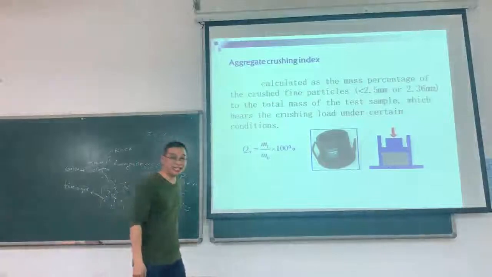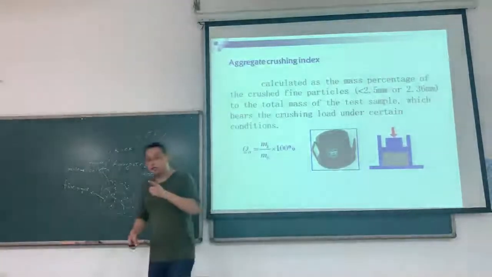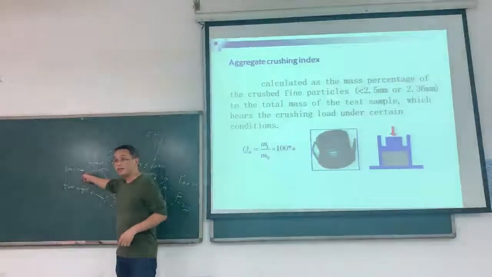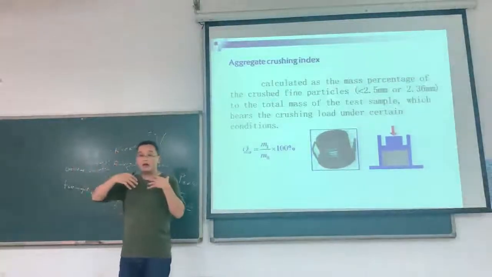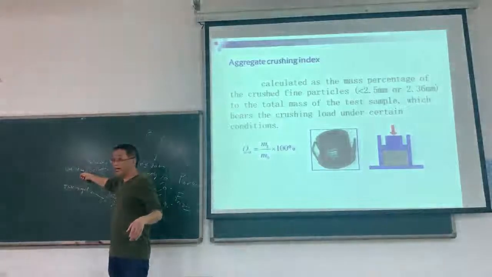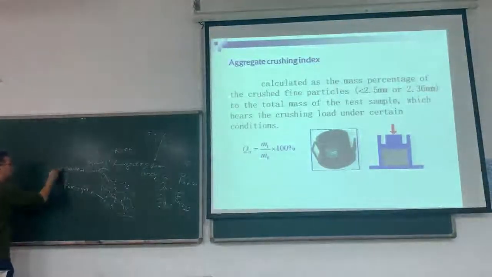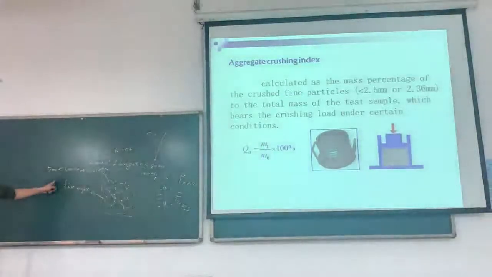So what is the crushing index? Firstly, the strength is mainly for the coarse aggregate. In our opinion, what is the coarse aggregate? The coarse aggregate means bigger than 5 millimeters.